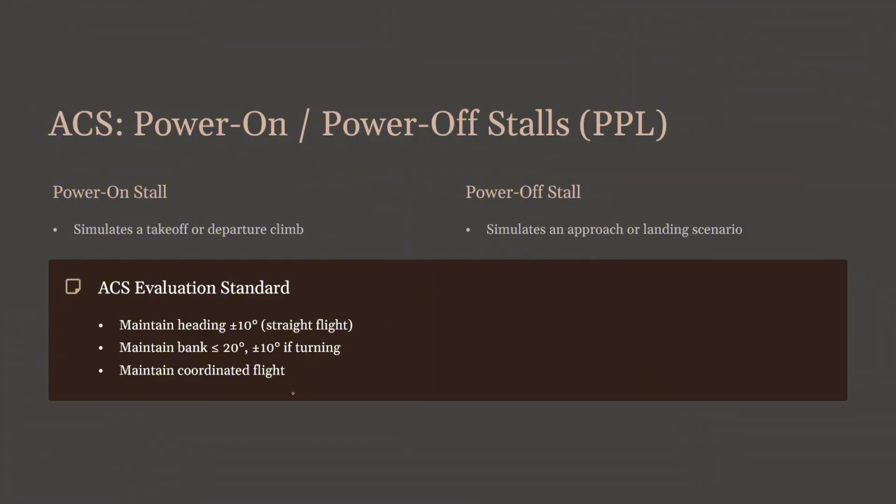That means maintaining your heading within about plus or minus 10 degrees in straight flight, and if you're turning, keeping the airplane coordinated with only a small bank angle, about plus or minus 10 degrees, but less than 20 degrees. Okay. So the key idea here is simple: even when the airplane is approaching a stall, you should still be flying the airplane smoothly and in control. Okay. Cool.